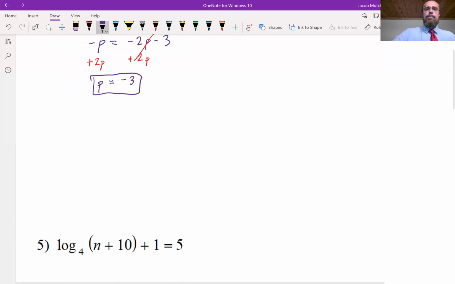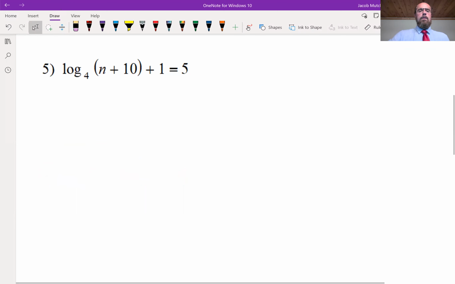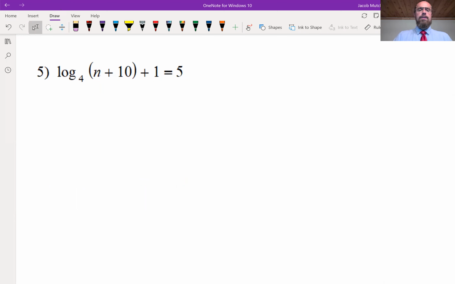Our second example has only one logarithm. Here we've got log base 4 of n plus 10, plus 1, equals 5. Whenever you've got a logarithm on one side and just numbers on the other side, like this plus 1 here, we want to start off by isolating the logarithm, by getting the logarithm base 4 of n plus 10 by itself.